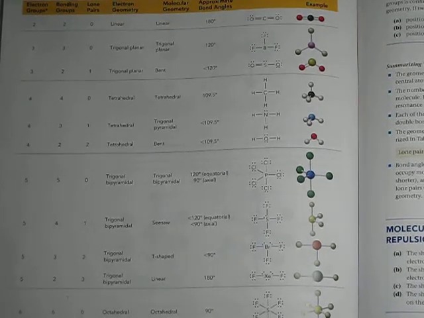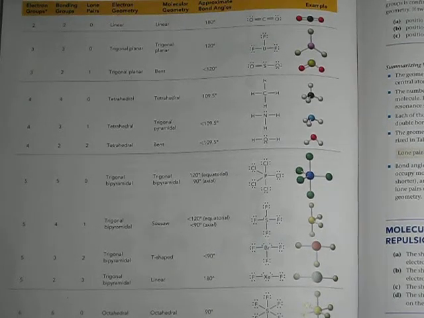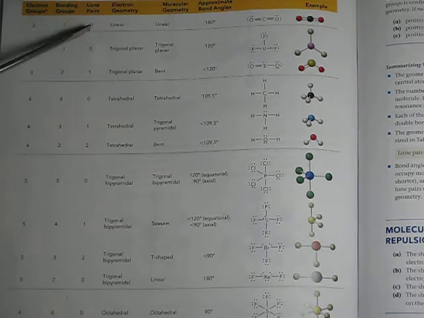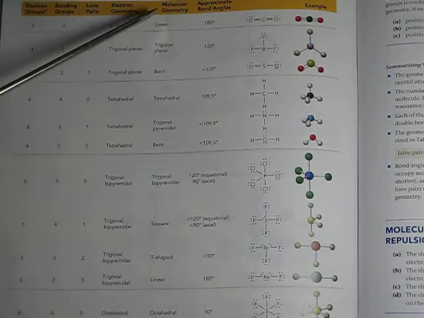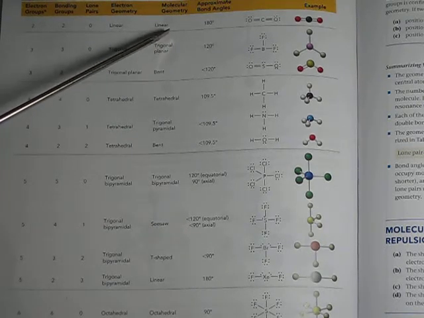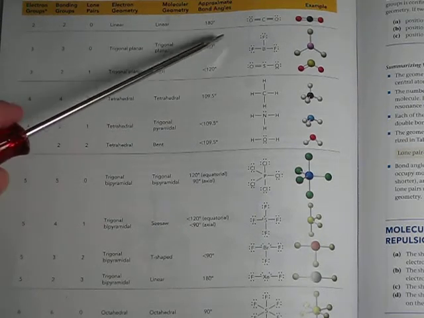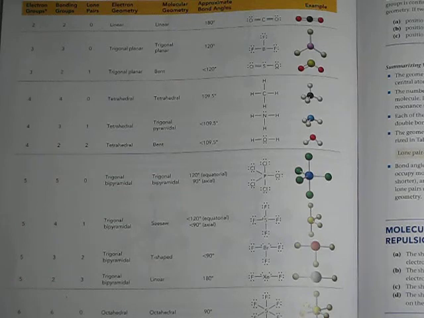So note, when you look at this table, you've got the number of electron groups, how many bonds, how many lone pairs, the electronic geometry, the molecular geometry, the bond angles, and an example molecule. So yeah, it covered everything we've covered here.